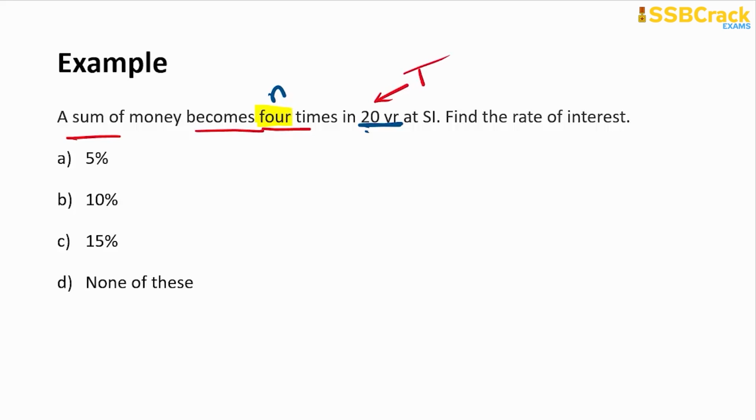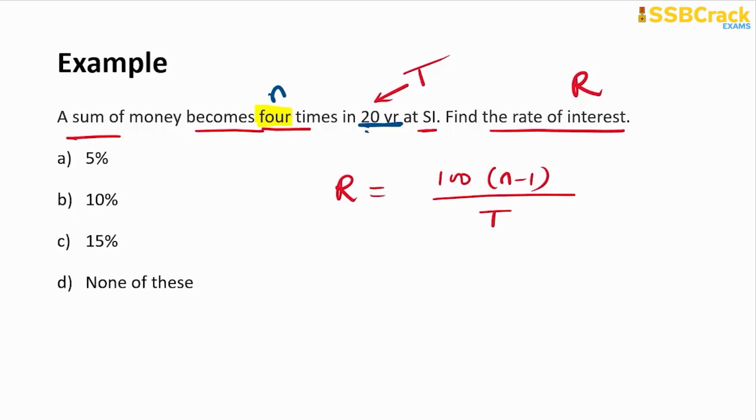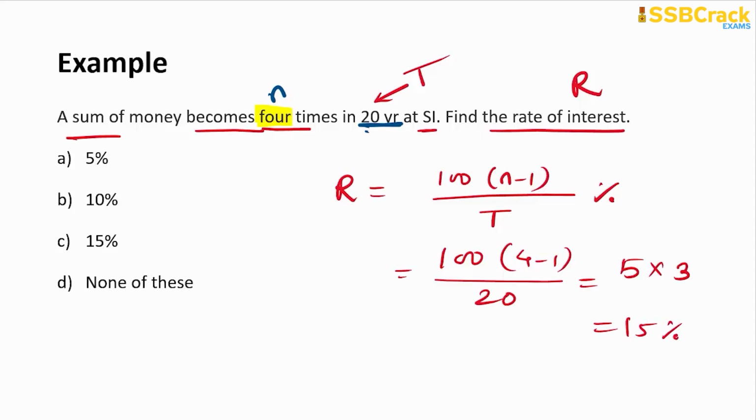So this is the capital T value at SI, that is simple interest, and we shall find out the rate of interest, that is capital R, for which we know the formula R is equal to 100 into n minus 1 upon capital T percent. And now here we calculate the required answer: 100 into 4 minus 1 upon 20, that is equal to 5 into 3, that is equal to 15%, right?